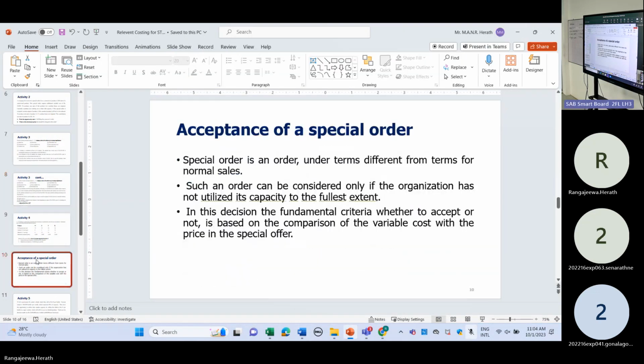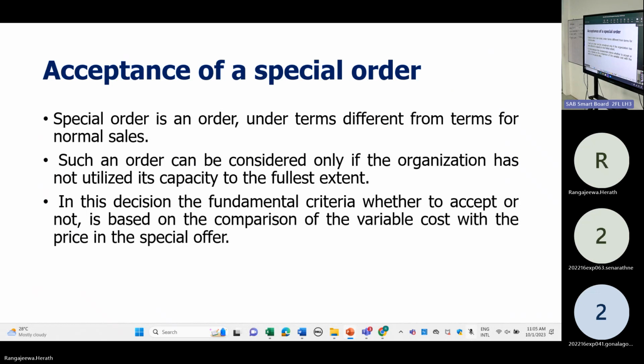The acceptance of the special order. So we have already discussed about this. Special order is different from the normal condition. So when we receive the special order, there will be a variable cost. So when you are setting a price, you should be able to recover the variable cost of accepting the special order. So variable cost is necessarily relevant cost.